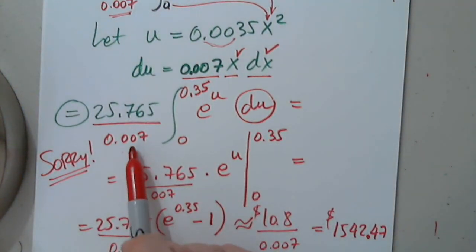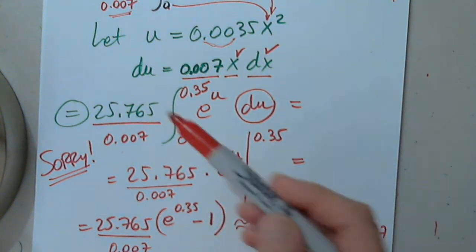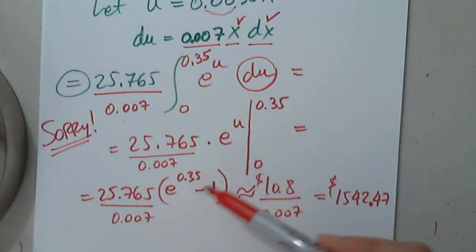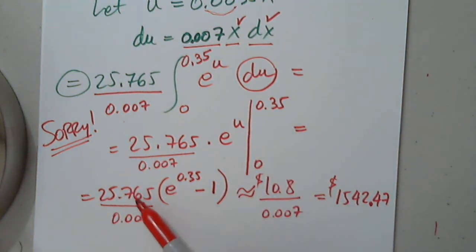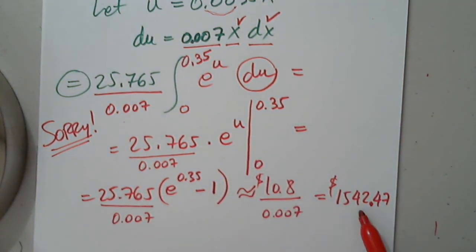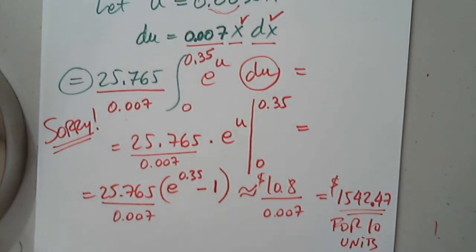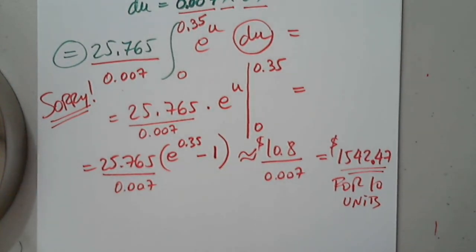I put it there, but I didn't copy it. So then this is the number, and everything else is okay. But I have to divide, so this is the cost for 10 units. My apologies. No excuse. I just forgot about that number.